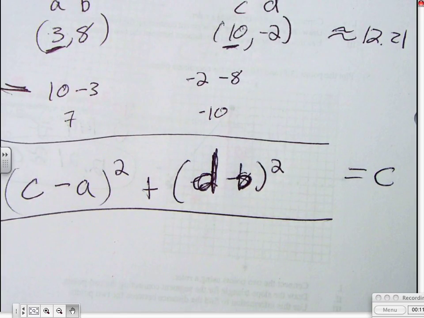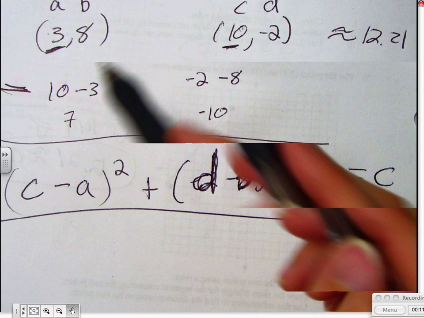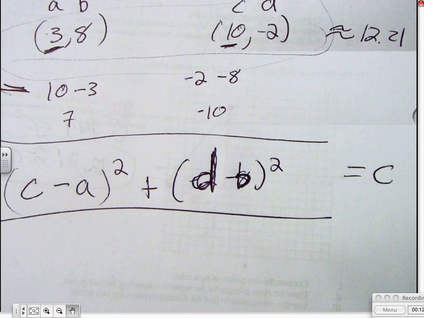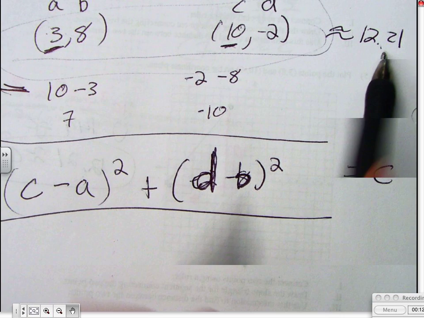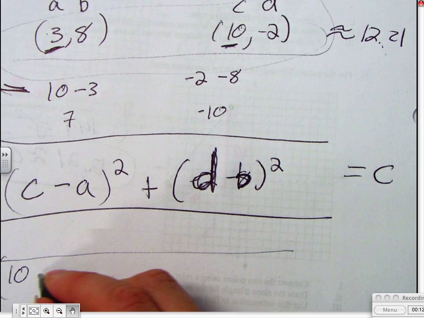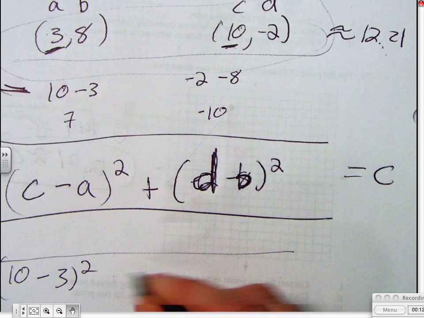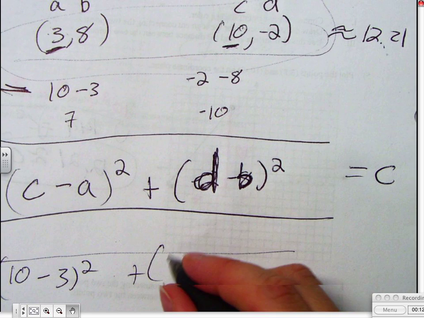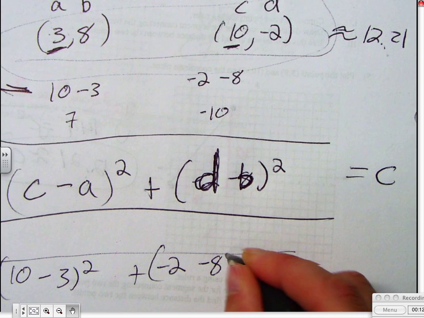You get done doing all that. Are you really supposed to add at the end, like add the two ends? So, right here, if we put these numbers in, we want to come up with this same answer, right? So let's try it. We're going to go 10 minus 3 squared plus D, which is negative 2, minus B squared.